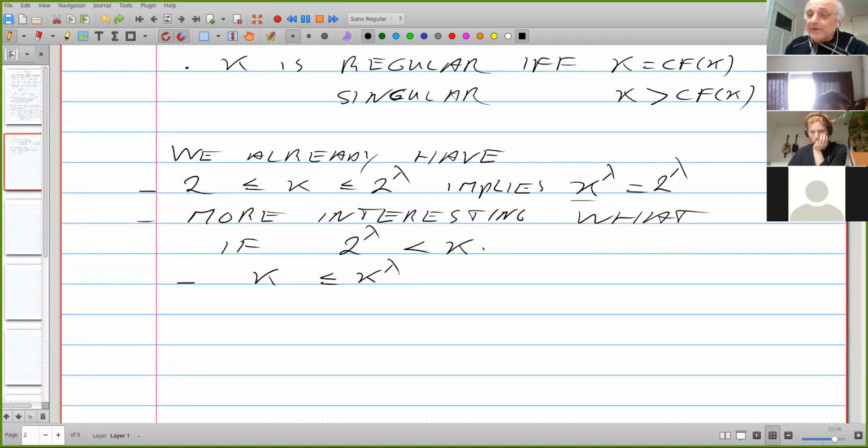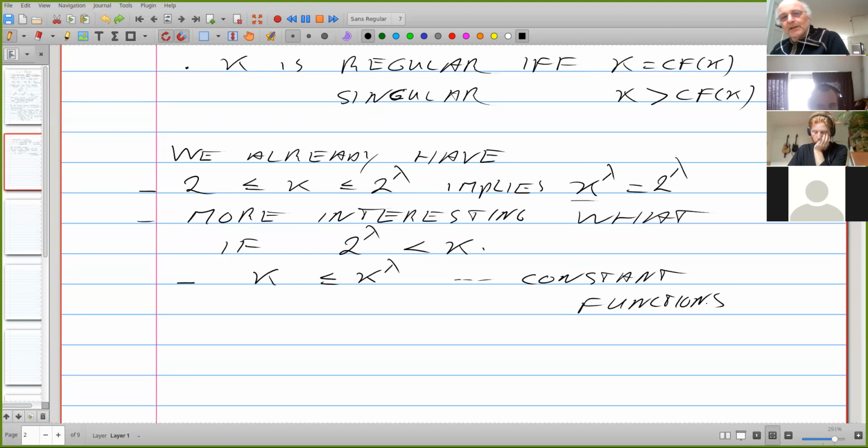I'm going to do the obvious thing first. No matter what you do, kappa is less than or equal to kappa to the lambda. Remember, the definition was the set of all functions from lambda to kappa. The cardinality of that is the cardinal power. And the family of all constant functions has the same cardinality as kappa, so we get this.